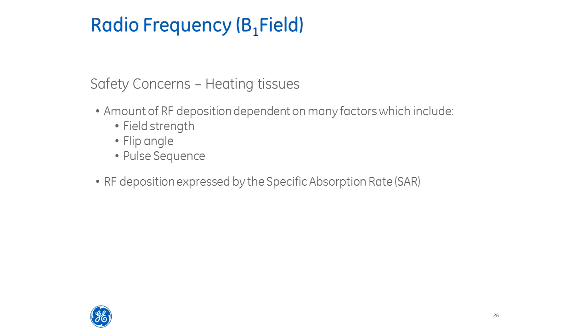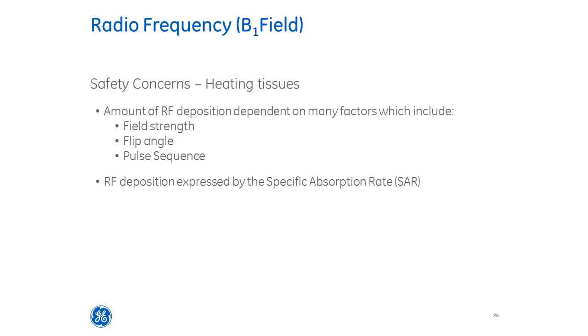The amount of RF deposition depends on many factors. The biggest factor is the field strength, but it can also be related to the flip angle, which refers to how far the protons are flipped from the longitudinal plane, and even the pulse sequence itself, which is the sequence of parameter manipulations that are used to create the image.